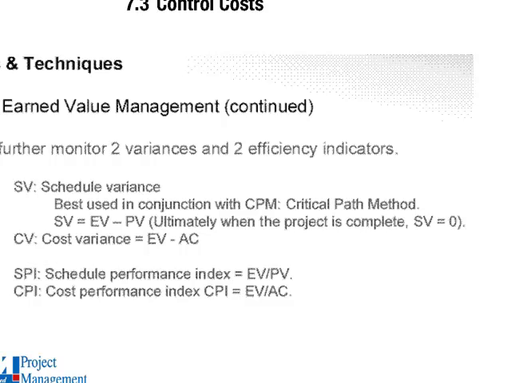Because you spend much more than planned. If it's negative, it means your earned value is less than your actual cost. So your actual is greater than earned value. So this means you have an overrun, right? Your actual is greater than earned value.